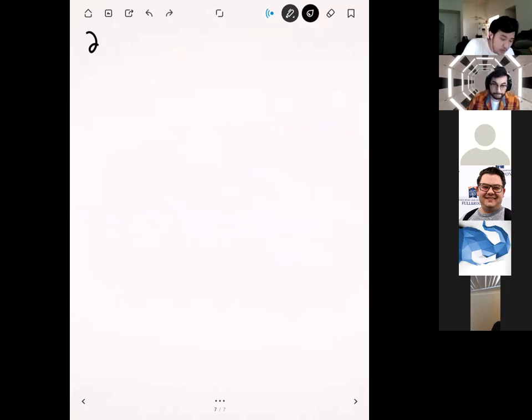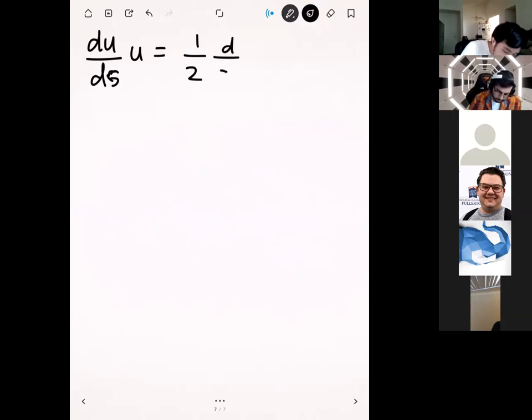Now that these are regular derivatives, we'll do du, regular d, ds times u. Right. And then I'm going to do a reverse product rule here, or reverse chain rule. And so what I'm going to say is that this is equal to 1/2 d ds of u squared.